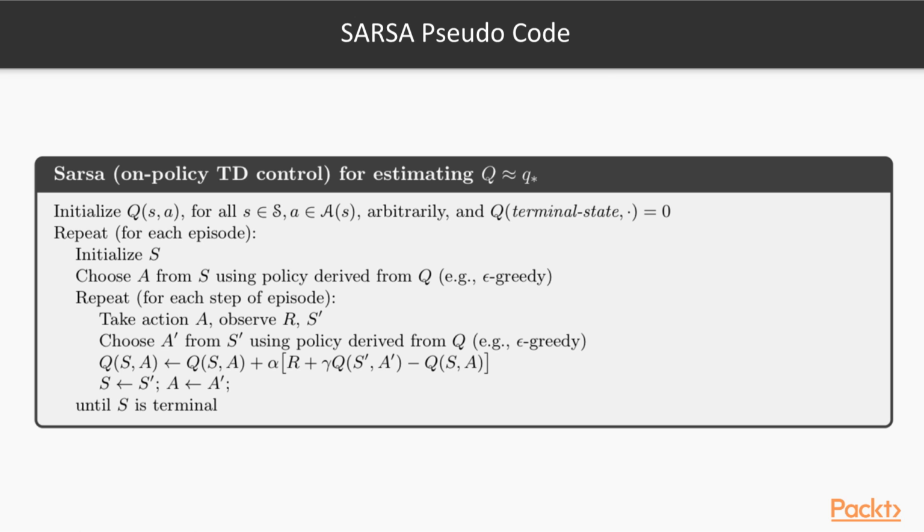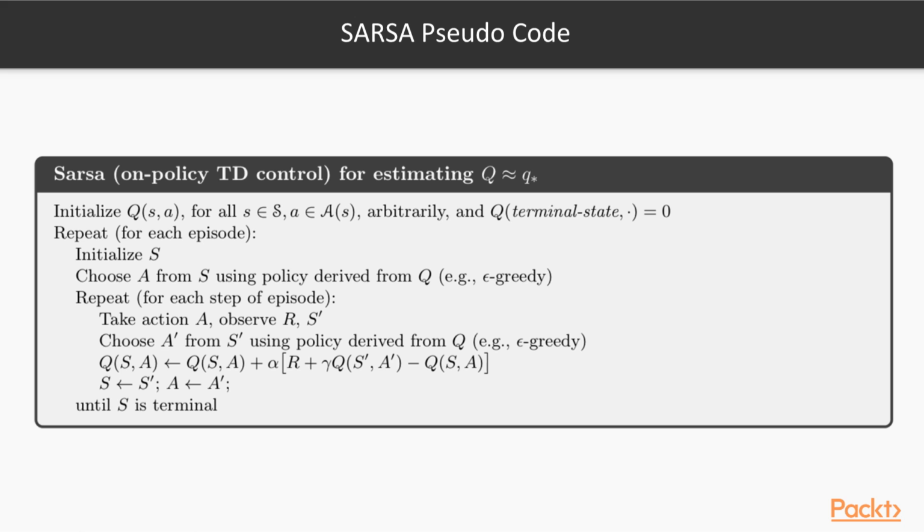Basically, this update is done after every transition from a non-terminal state. And if the state is terminal, then Q is defined as 0. It's pretty straightforward to design an on-policy control algorithm based on the SARSA prediction method.